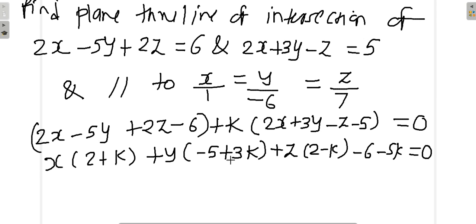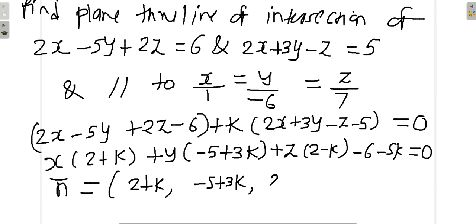So what will be the normal along the plane? The normal along the plane will have coordinates, I am not writing ijk here for the sake of simplification, 2 plus k, minus 5 plus 3k and 2 minus k. Now since this plane is parallel to the line, what is the vector along the line? 1 minus 6 7.